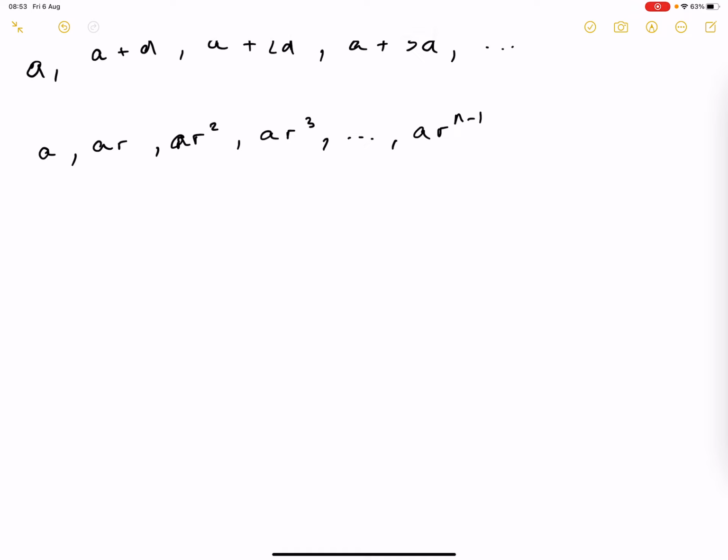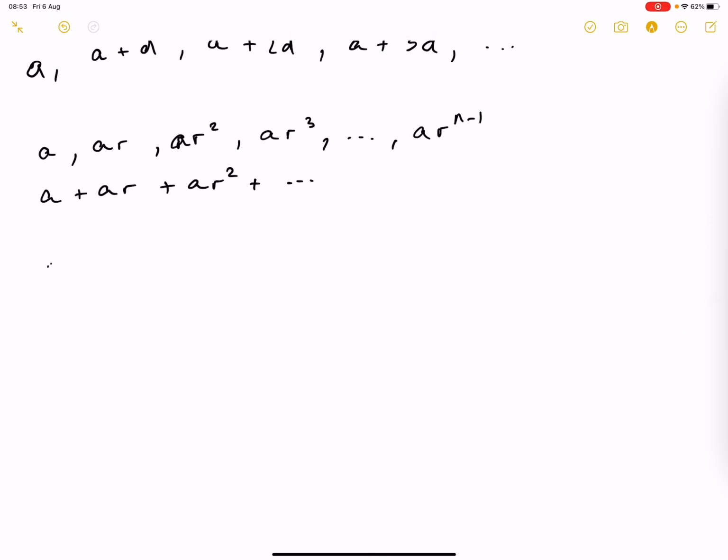A common example of this is the powers of 2. If you have a series, because this is a sequence at the moment, the series would be a plus AR plus AR squared, and so on.